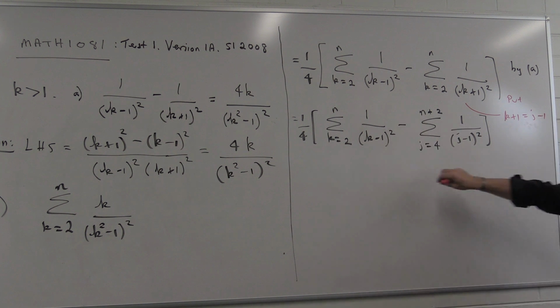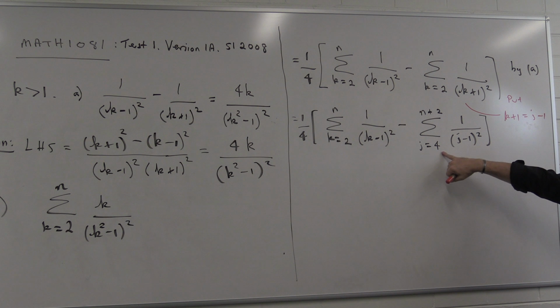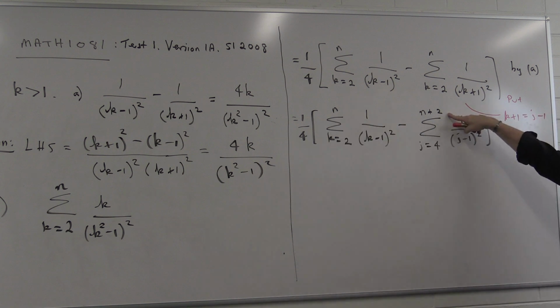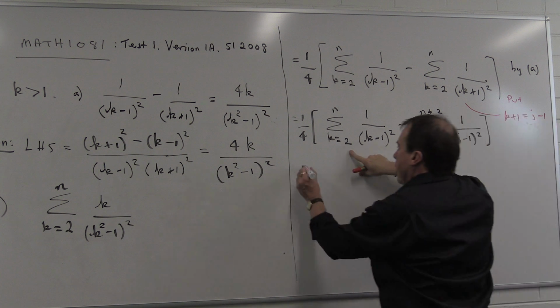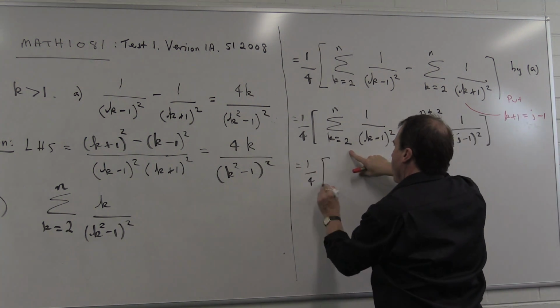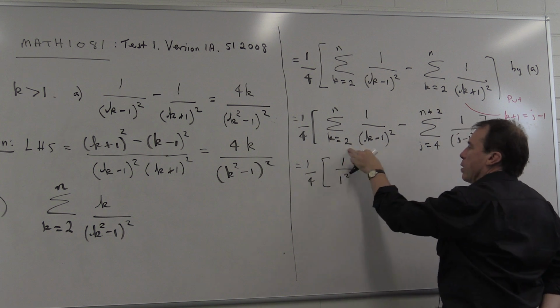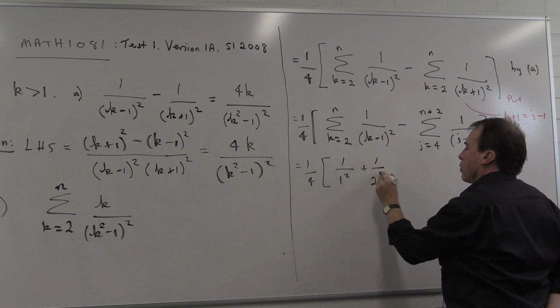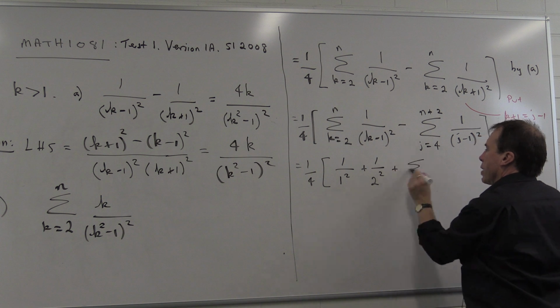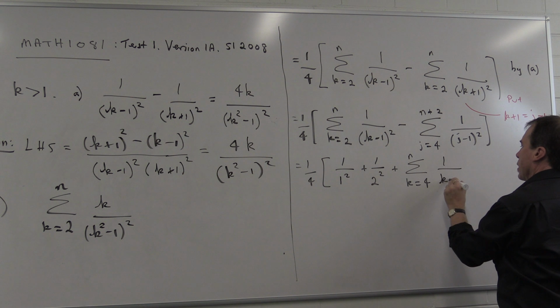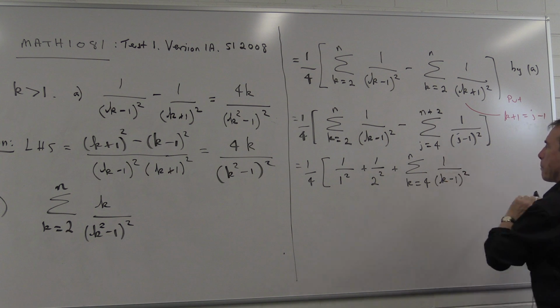I've got to worry about the fact that this begins at 2, this begins at 4, and this finishes at n, and this finishes at n plus 2. So I'm going to take off the first couple of terms of this one. So put k equals 2 in, I get 1 over 1 squared. Put k equals 3 in, I get 1 over 2 squared. Then I'm going to get the sum k equals 4 up to n, 1 on k minus 1 squared.